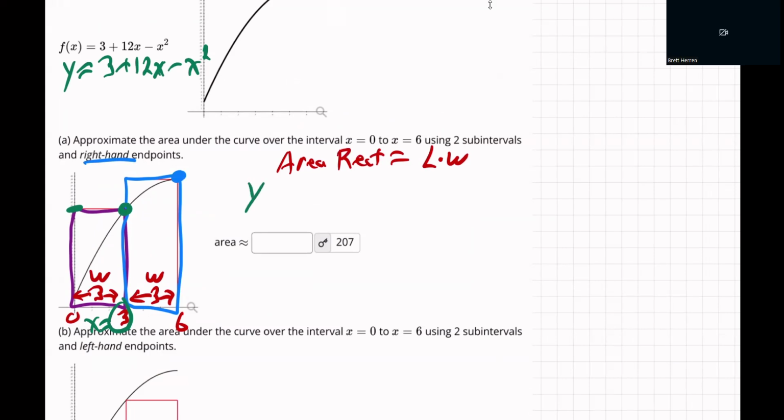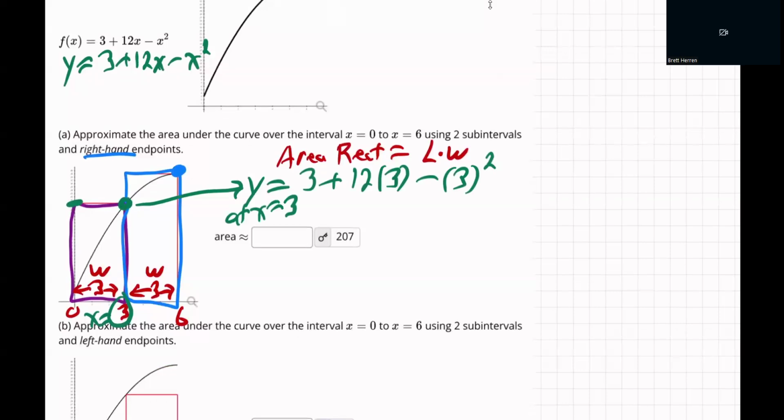So this y value at x equals 3 is y equals 3 plus 12 times 3 minus 3 squared. I'm plugging in 3 to that function, you see? And so I get y equals 3 plus 36 minus 9.